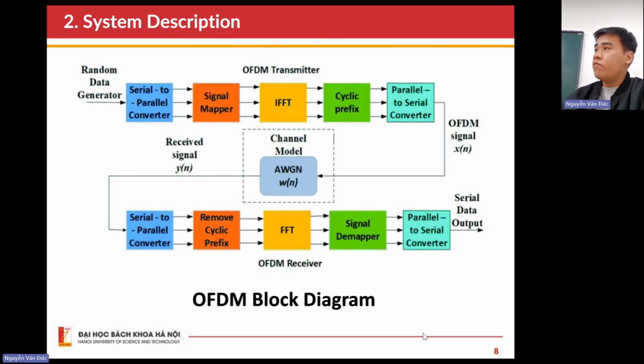Then we use inverse fast Fourier transform to convert from frequency domain to time domain, add a cyclic prefix to cover it, then convert from parallel to serial and use the channel to send it. About the receiver, we just reverse the process and output our serial data.